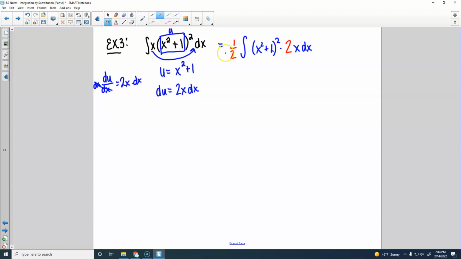So, I wrote the 1/2 on the outside because I don't want it messing stuff up in here. But I could have done 2 times 1/2 right here. 2 times 1/2 just equals 1, so it doesn't change anything if I multiply by 1. And then I could take that 1/2 and pull it out front because it's a coefficient.